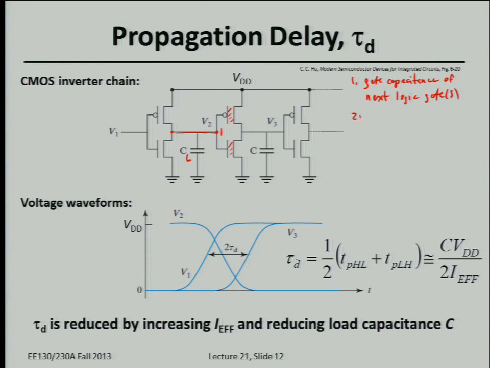What's another source? Okay, so there's the interconnect capacitance. Very good. So these metal wires connect, let's say, the drain of the output of these transistors. Okay, that's semiconductor material, right?